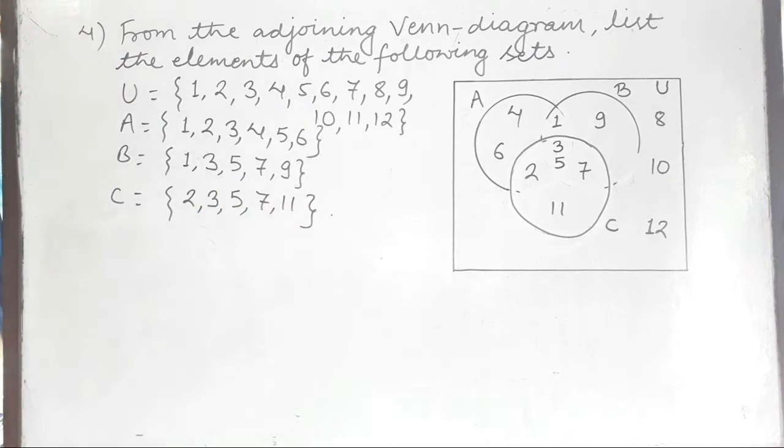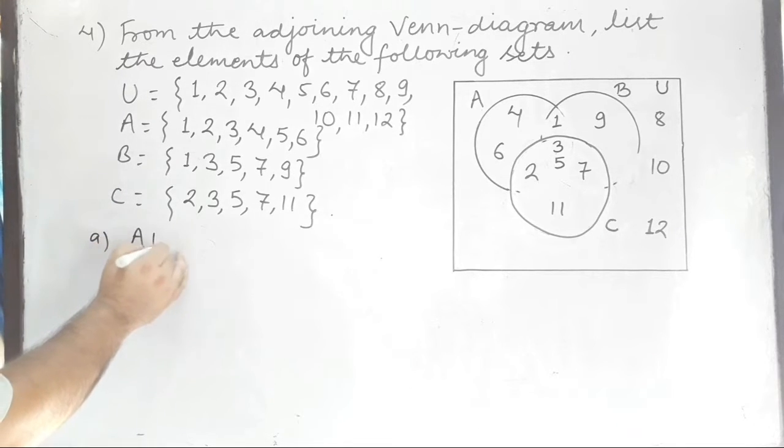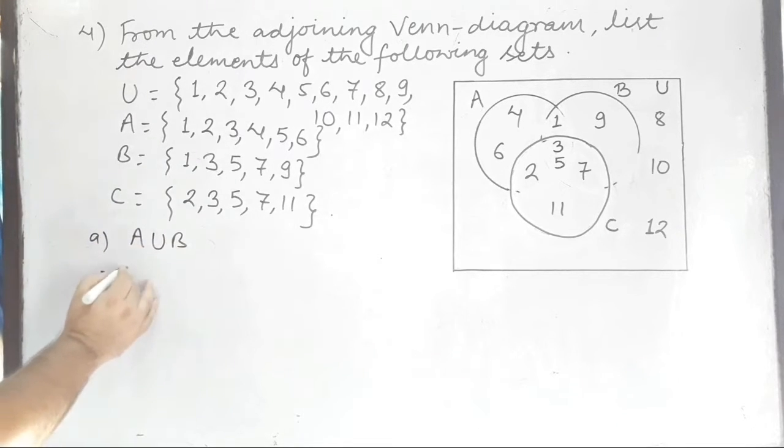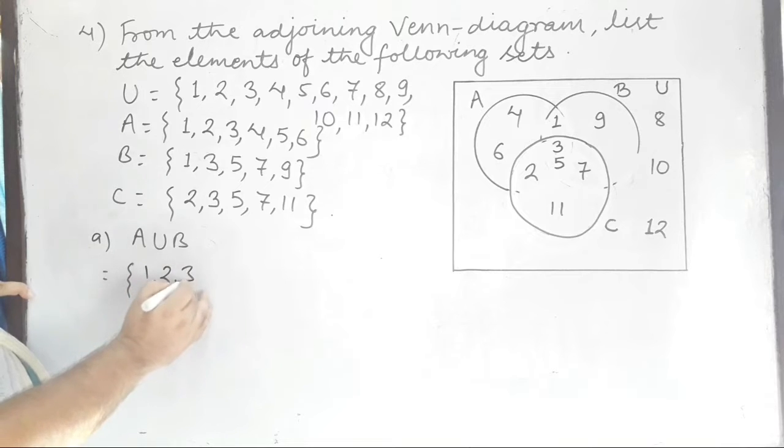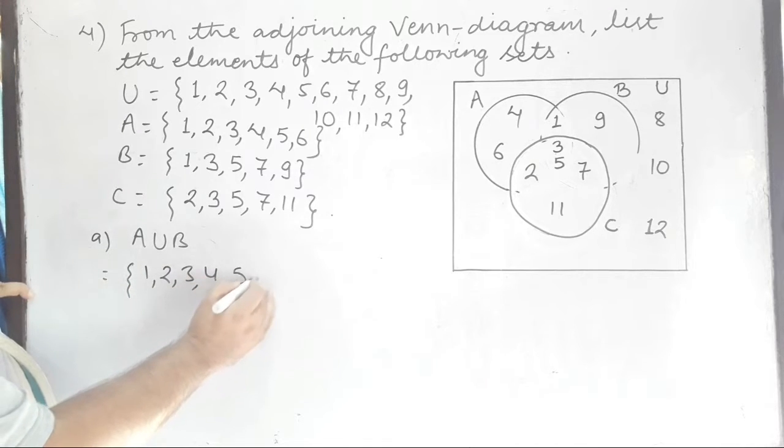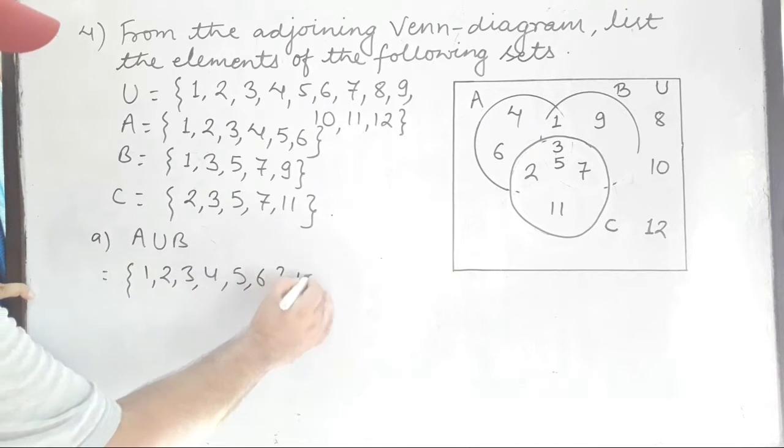So we listed out the elements of universal set, set A, set B and set C. Now we shall move to our set operation, A union B. The elements of set A: 1, 2, 3, 4, 5 and 6. Union.